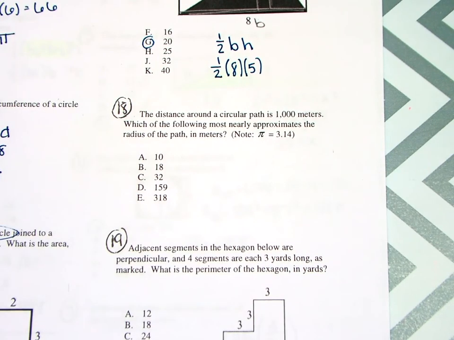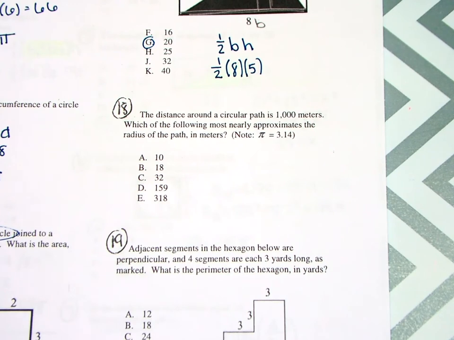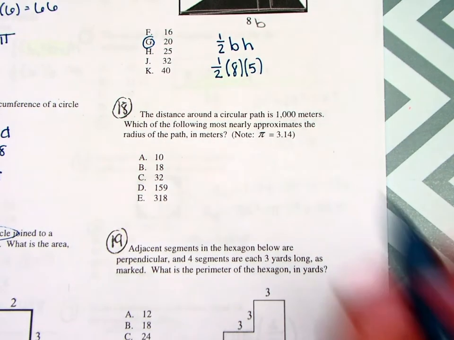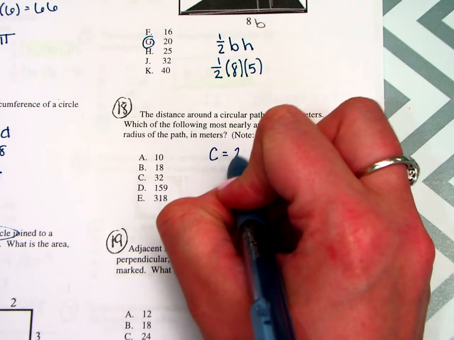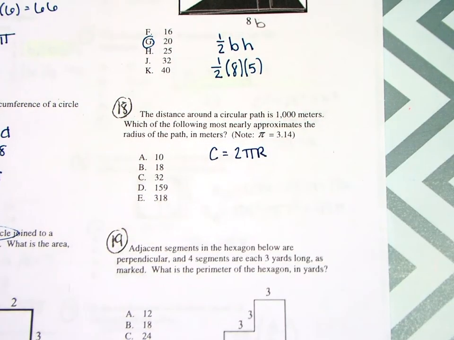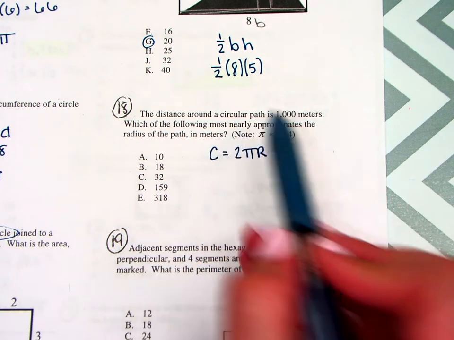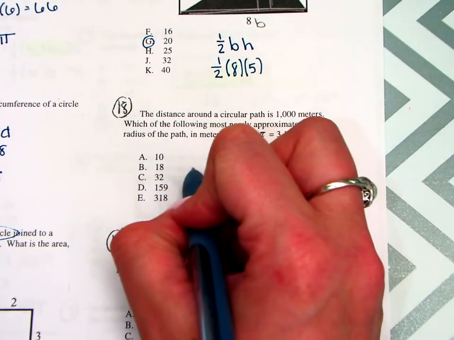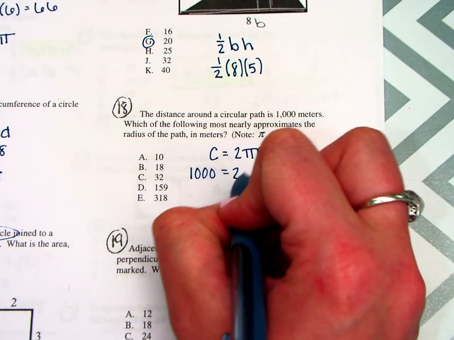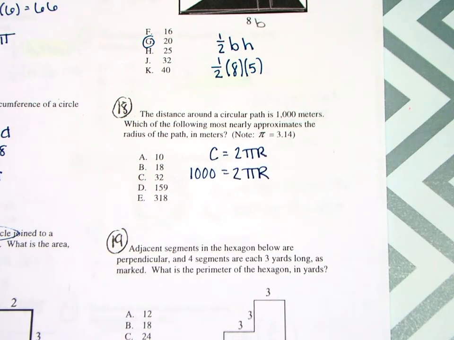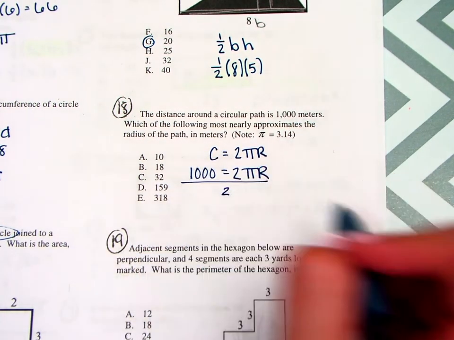18, the distance around a circular path is 1,000 meters, which is the closest approximation for the radius? So circumference equals 2 pi r. And I know that it's circumference because it's the distance around a circular path. So I'm going to replace the C with 1,000. My goal here is to solve for r, so I'm going to divide by 2.